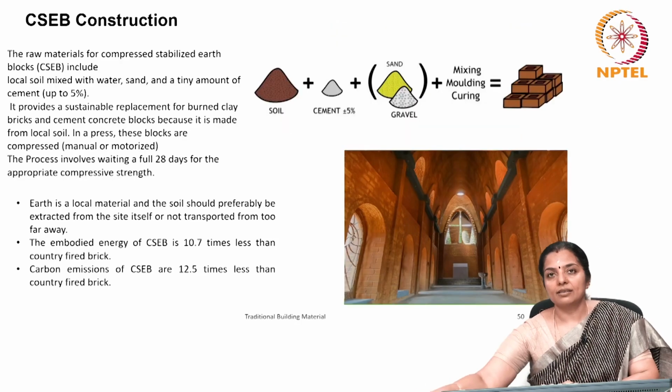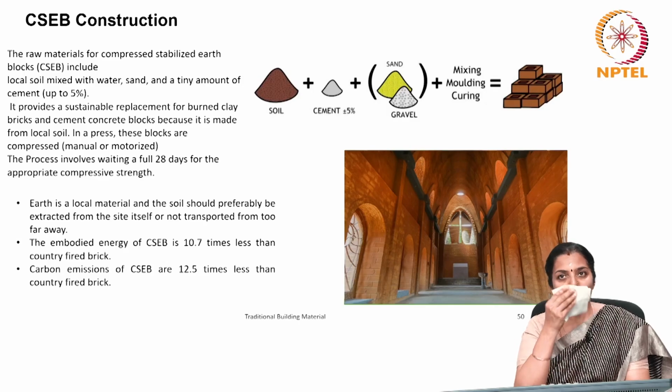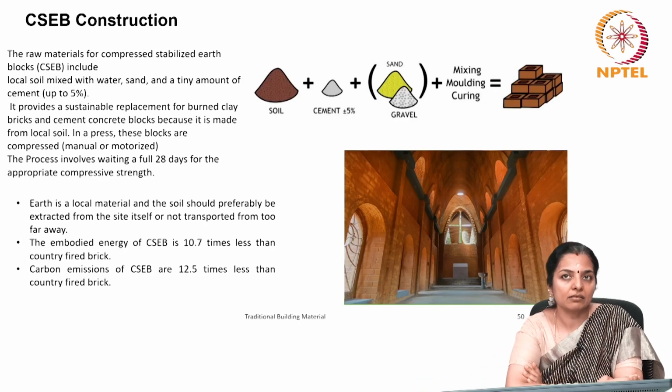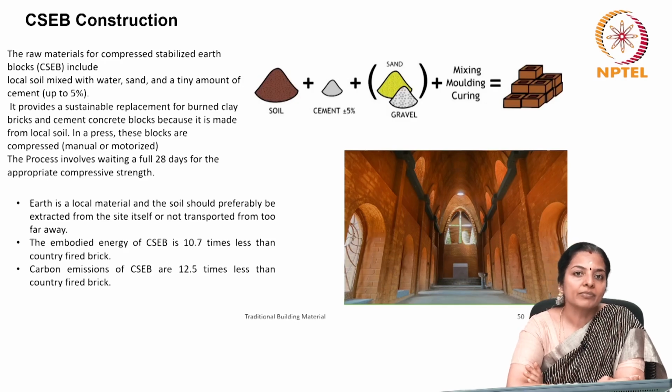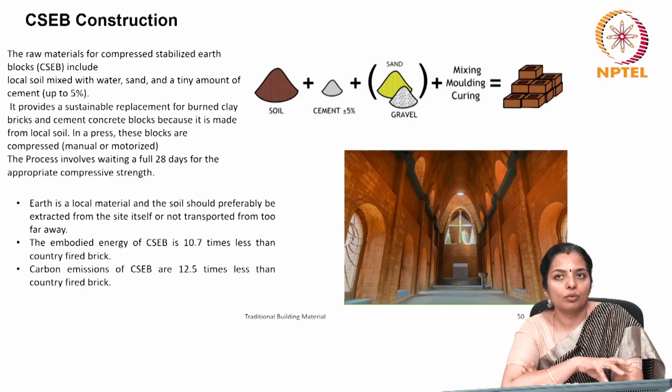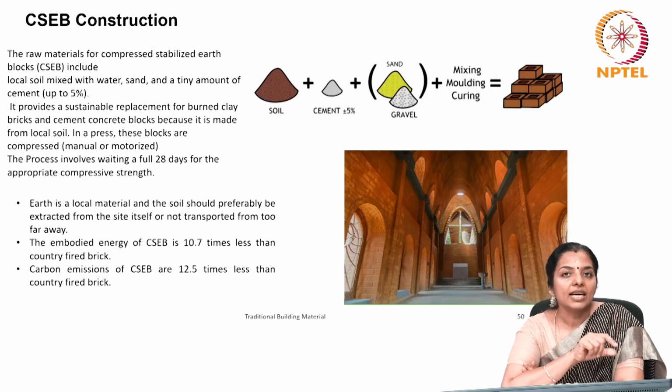And now we will see the CSEB construction. The raw materials for compressed stabilized earth blocks, or CSEB, include local soil mixed with water, sand and a small amount of cement, up to 5%. It provides a sustainable replacement for burnt clay bricks and cement concrete blocks because it is made from local soil. It's not a mold, but a press.